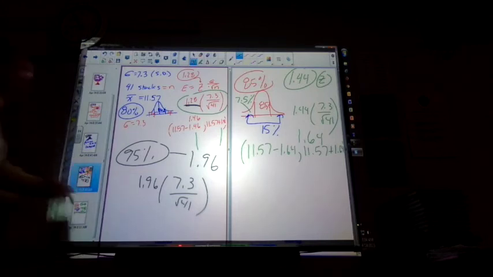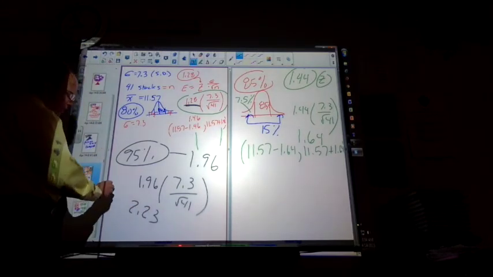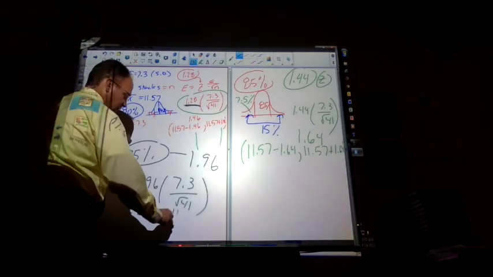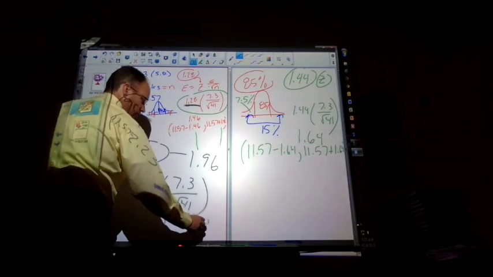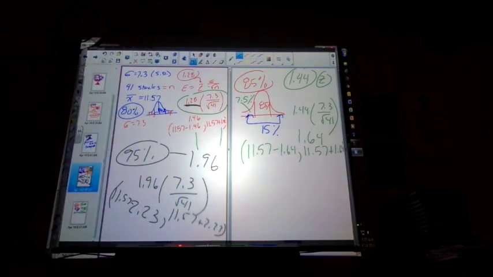That's going to come out to 2.23. So 11.57 minus that, and 11.57 plus that. As the confidence level gets closer to 100%, the wider your confidence interval has to be. Okay?